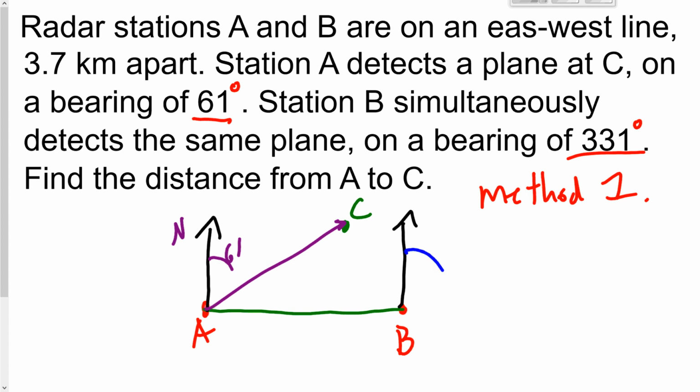So I go all the way around to about right there, and so it's this line. Okay, so as you can see, we have a triangle, and we're going to have a right triangle because we know that angles CAB and CBA are complementary, right? Meaning they add up to 90.